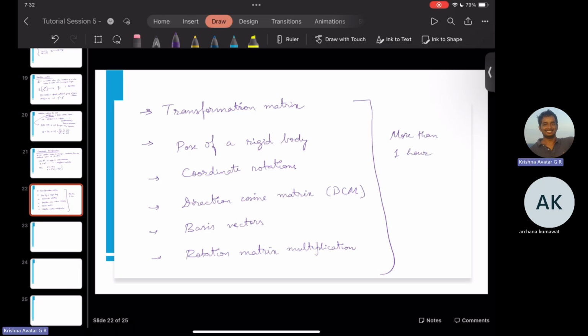Because this is very useful if someone wants to pursue, say, interest in robotics or go deep into it, then these are something which we must be very clear about.